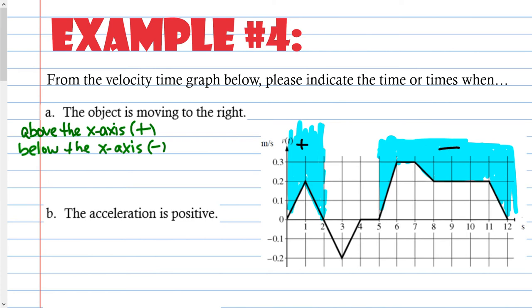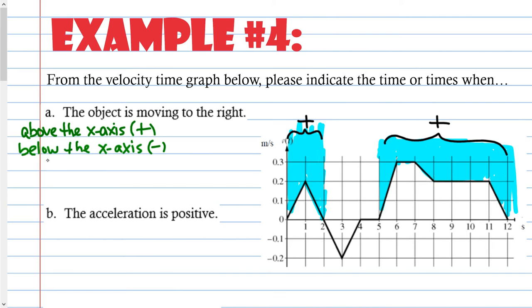Actually, let me write it a little differently. Positive, positive. All right. So I'm trying to figure out when is the object moving to the right. It is moving to the right from, I can write this one of two ways.